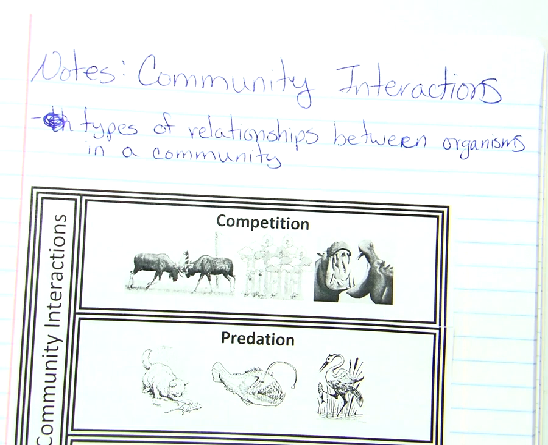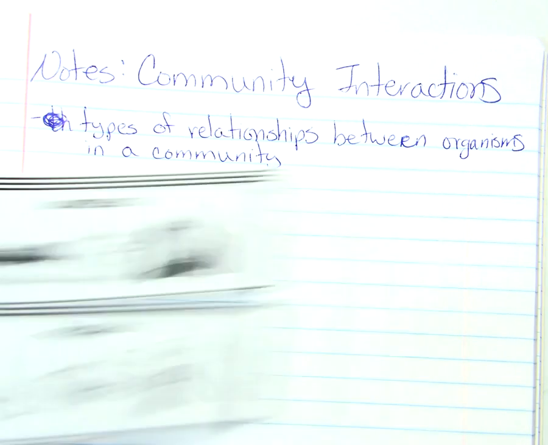Our first foldable is going to have our three types: competition, predation, and symbiosis.